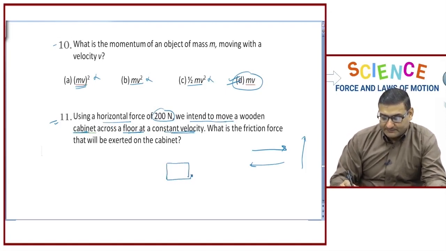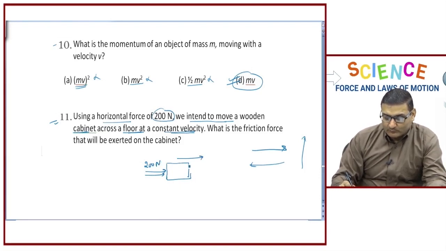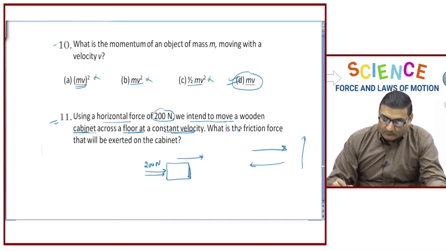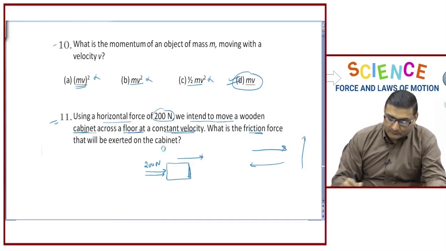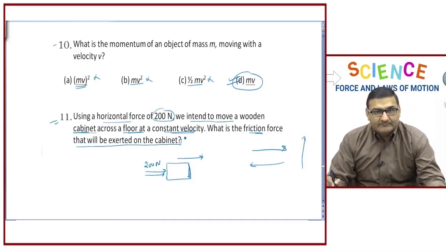Example, let this be a wooden cabinet. Now, I need to apply force of 200 Newton so as to move this wooden block with a constant velocity. What is the friction force that will be exerted on the cabinet?